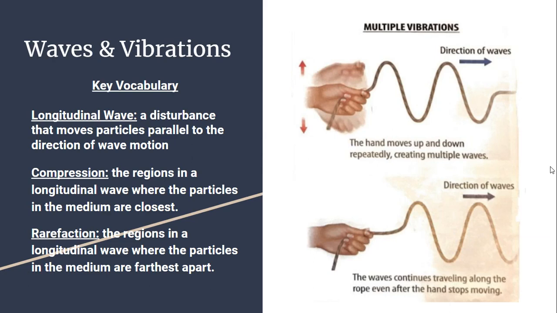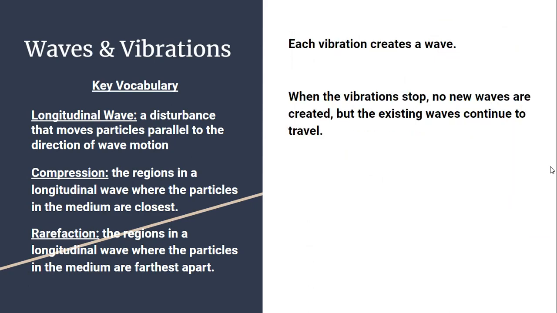When you stop moving that hand, you stop creating the vibrations in your hand, that rope stops moving, but the energy that's already in the existing waves continues to travel down the rope. Each vibration creates a wave. When the vibrations stop, no new waves are created, but the existing waves continue to travel through the medium.